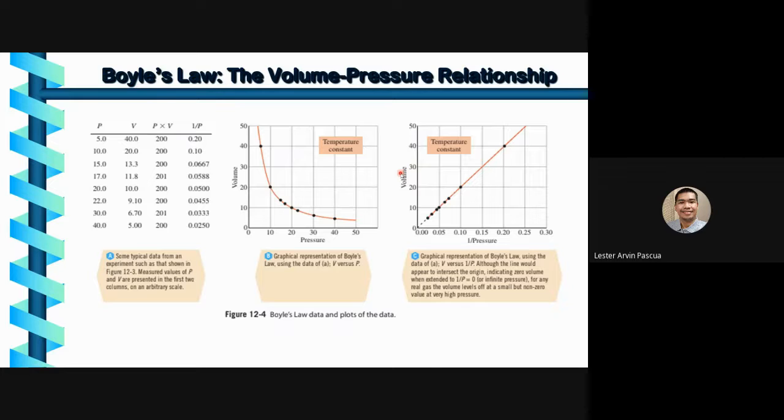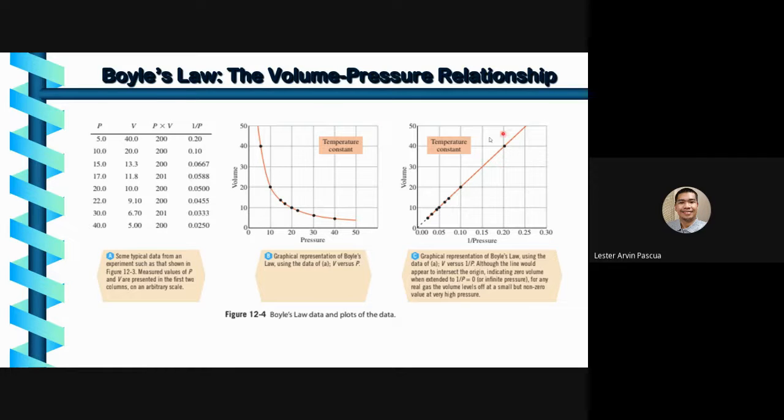So, ano to? Kapag volume versus pressure, hindi siya linear, curved siya, asymptotic siya. Asymptotic yung graph mo.